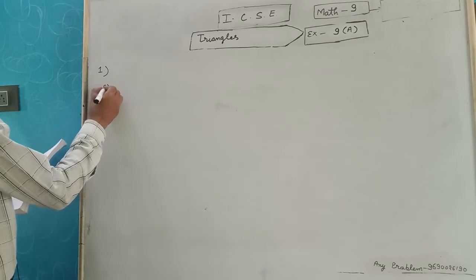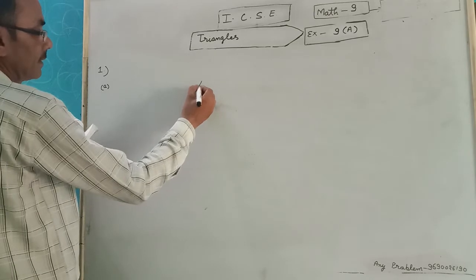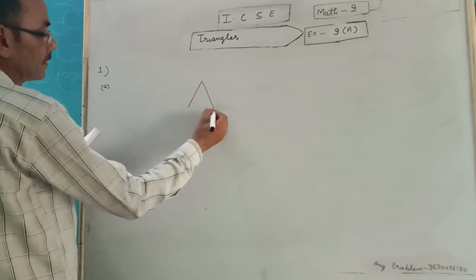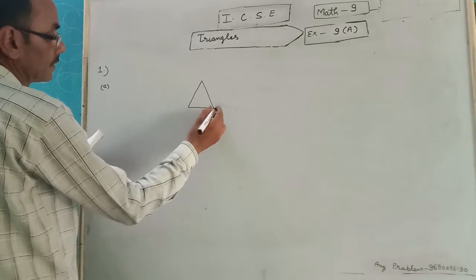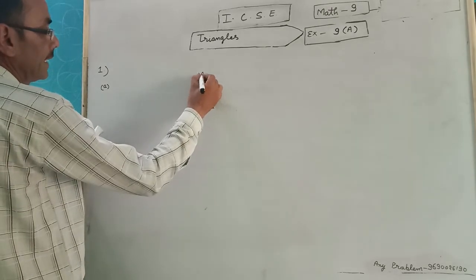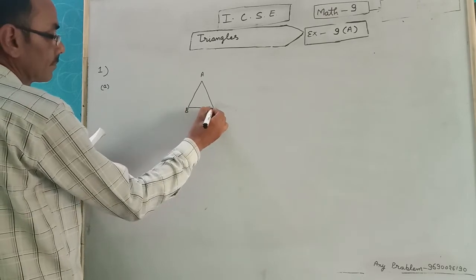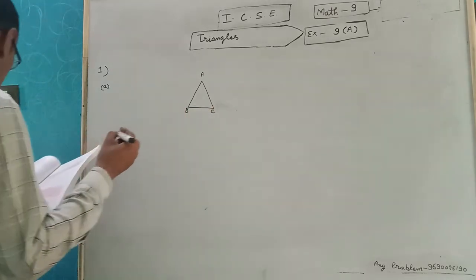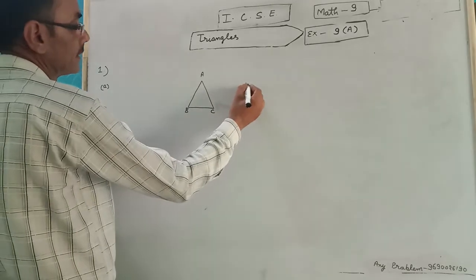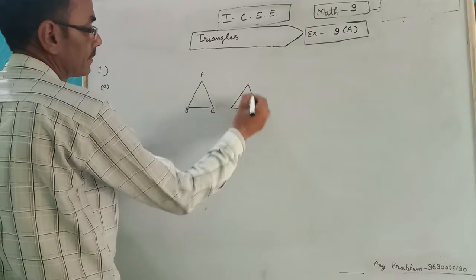A part is triangle ABC and triangle DEF.